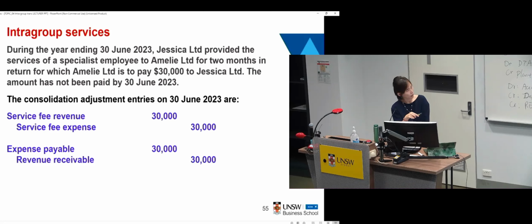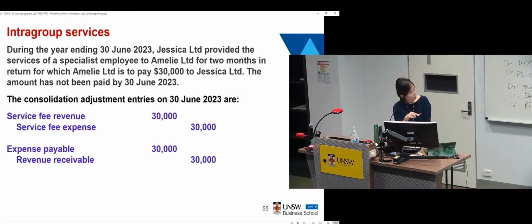So on the consolidation worksheet, you have to prepare your adjusting entry to eliminate the service revenue, service expense in the record of parent subsidiary. Its effect in the worksheet, right? And we also have to eliminate any associated payable, receivable accounts directly related to this intragroup transaction.